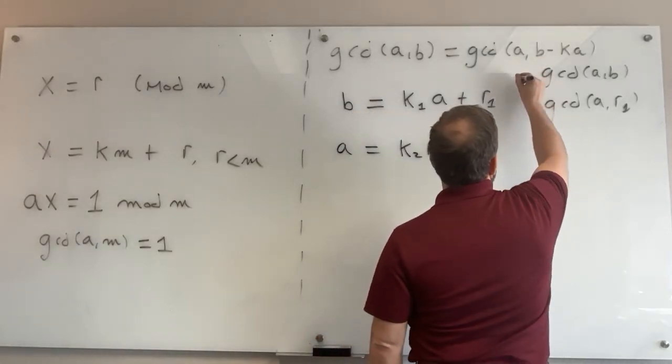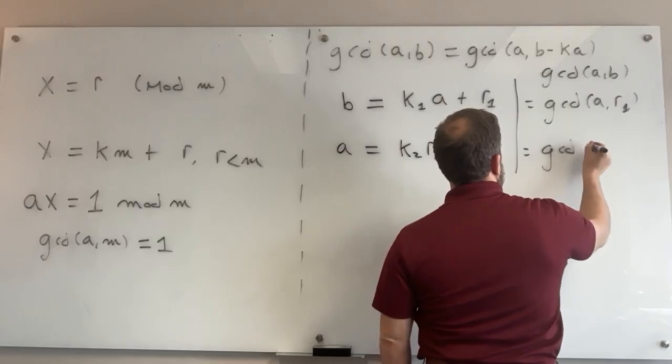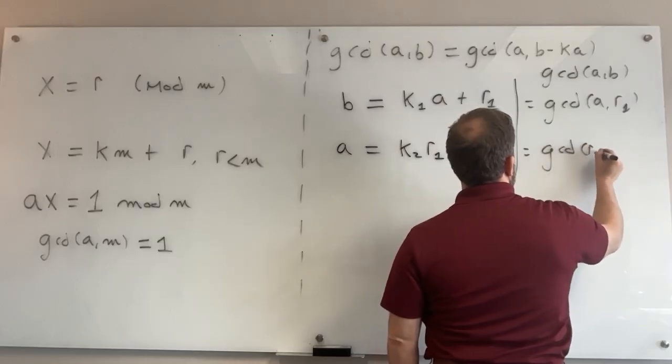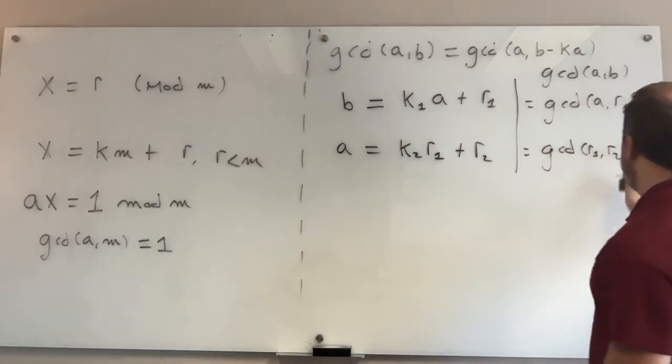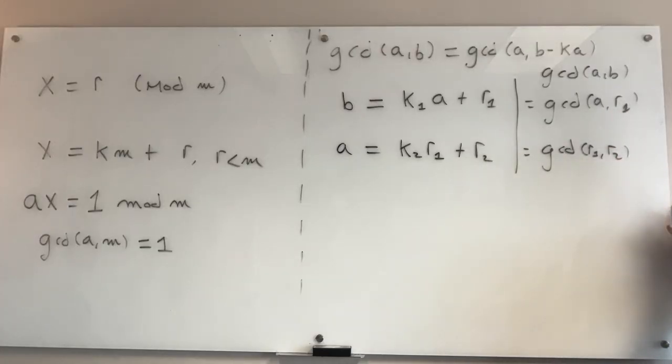And so the GCD of A and R1 is equal to the GCD of R1 and R2. R1 is strictly less than A, and R2 is strictly less than R1. So now this is the GCD of two smaller numbers.